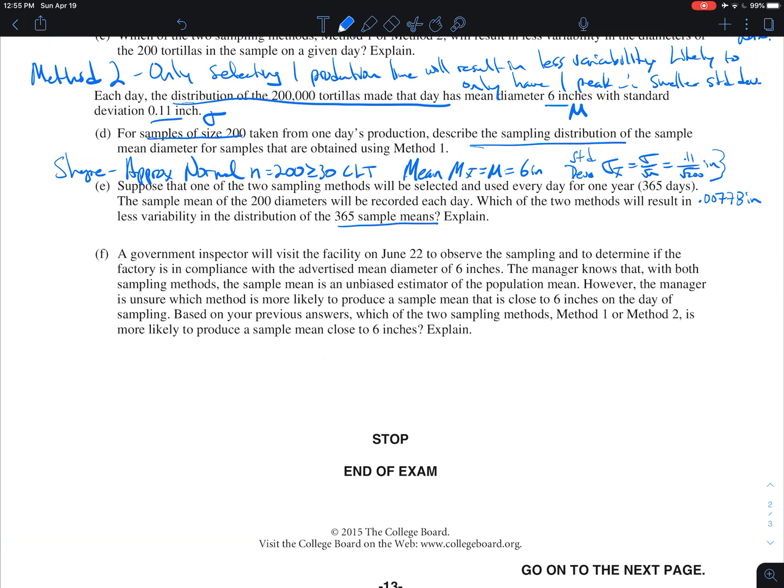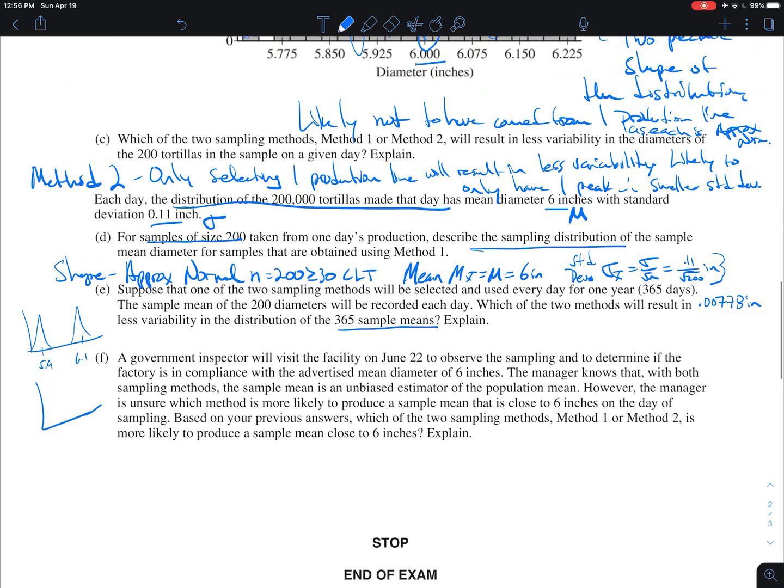over the course of 365 days, just to maybe give you an idea of what's going on, I'm likely to end up with something that looks like that over the course of the 365 days, versus if I were to use method 1, as we saw from part D, it'll turn out to be approximately normal with a mean of 6 and a standard deviation of 1.1.